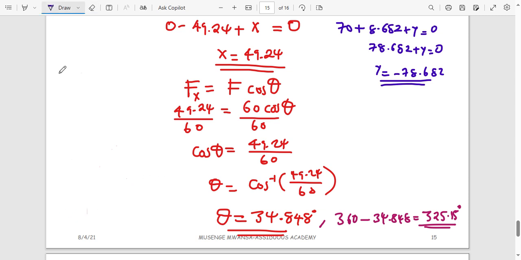The magnitude of the second force, from the other boy, is going to be the square root of the x component squared plus the y component squared. The x component is 49.24, square that. The y component is negative 78.682, also square that.